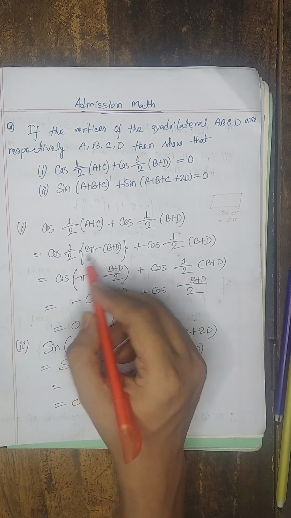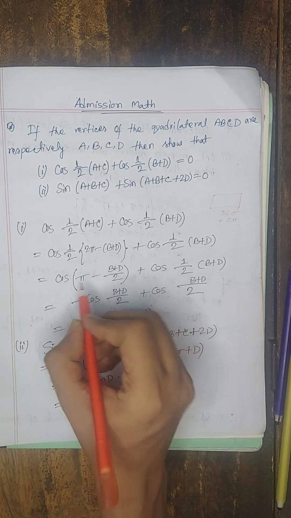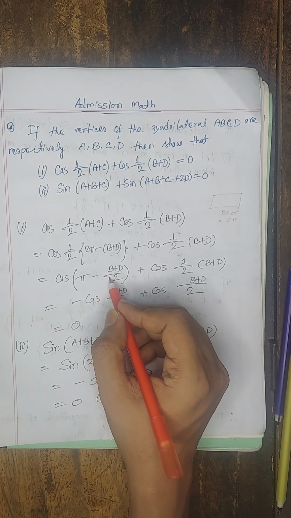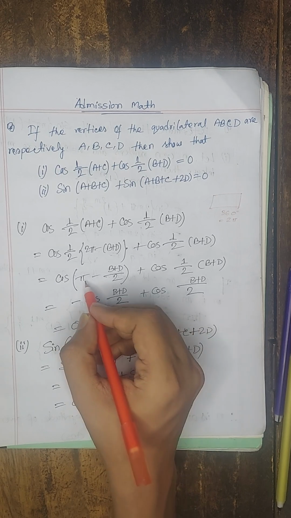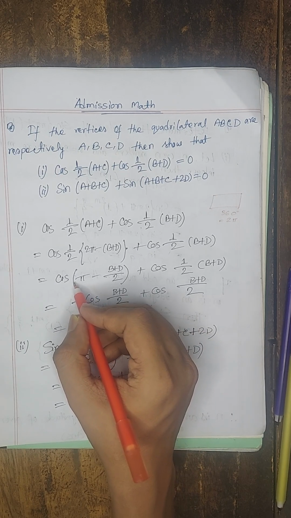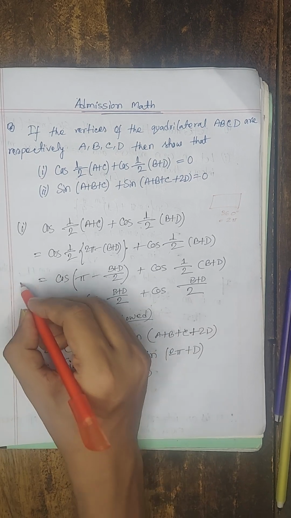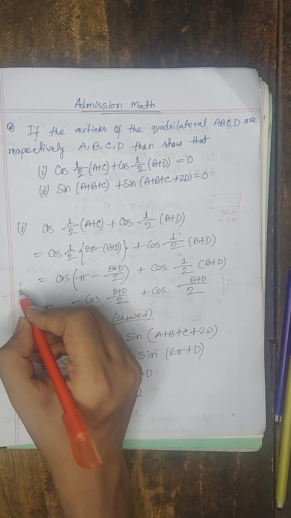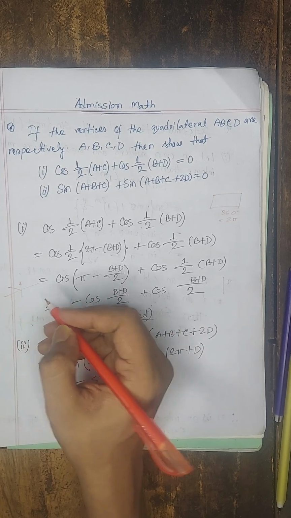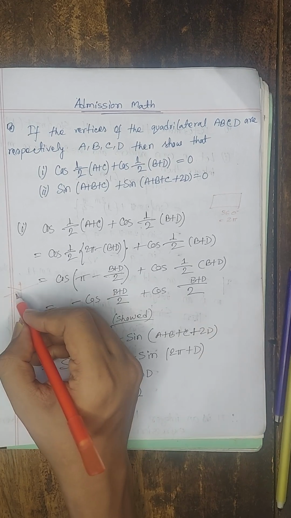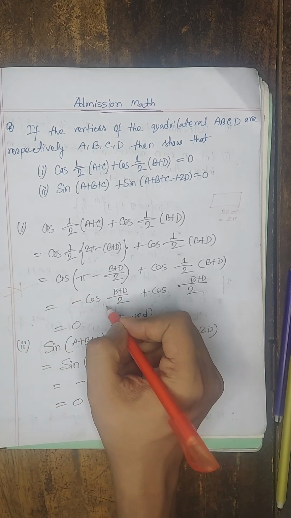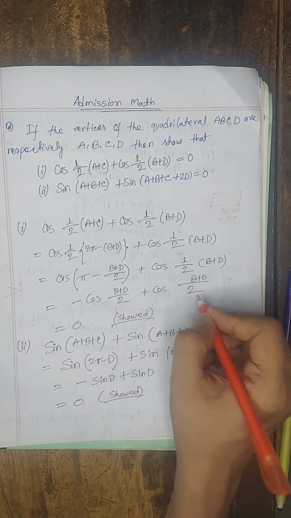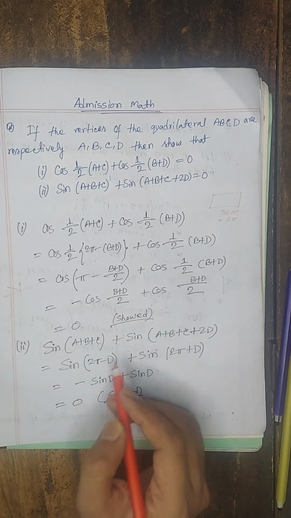Now it becomes pi minus (B plus D) by 2, which comes to the second quadrant, right? In the second quadrant cos is negative, that's why we put a negative sign here. So minus cos (B plus D) by 2 plus cos (B plus D) by 2, both cancel, and we get 0.